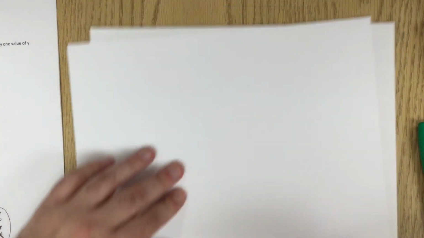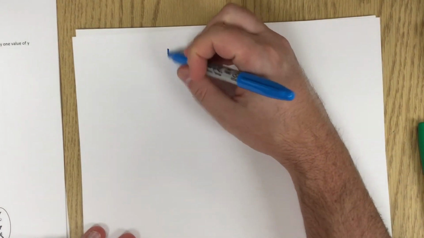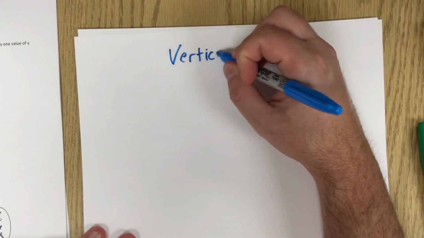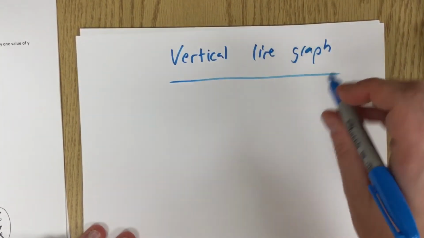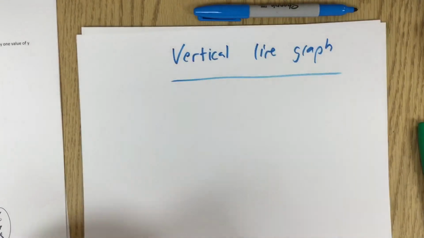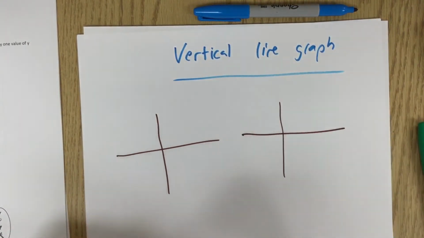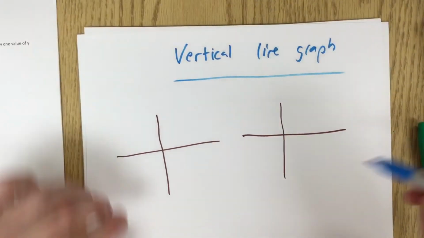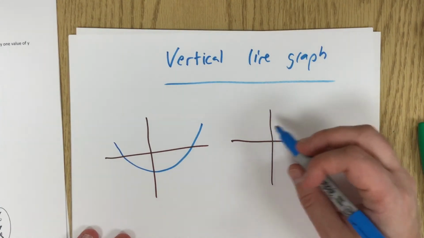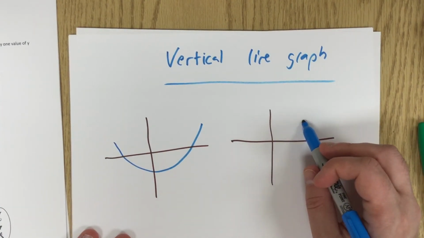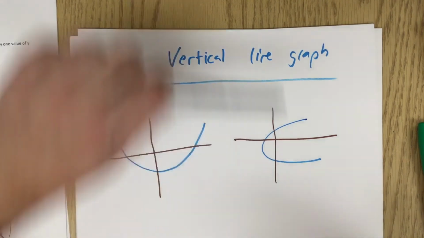It also works with continuous graphs. So for example, if I had a graph like this, these are my two grids, which one of these is a function and which one is not a function?